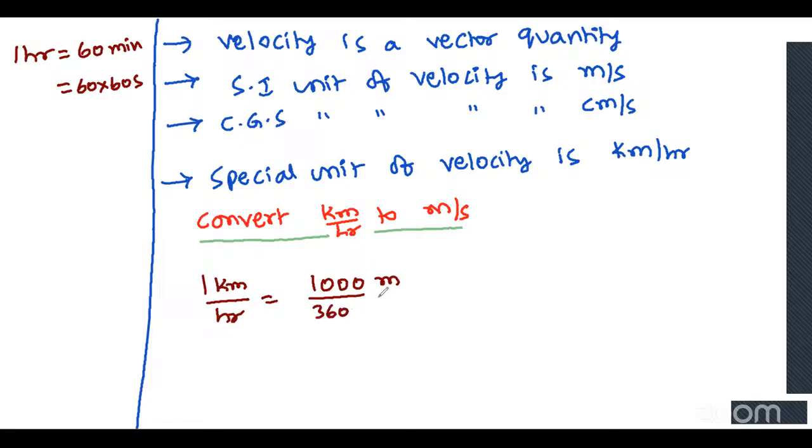Upon calculation, we get 5 by 18. So 1 kilometer per hour equals 5 by 18 meter per second.